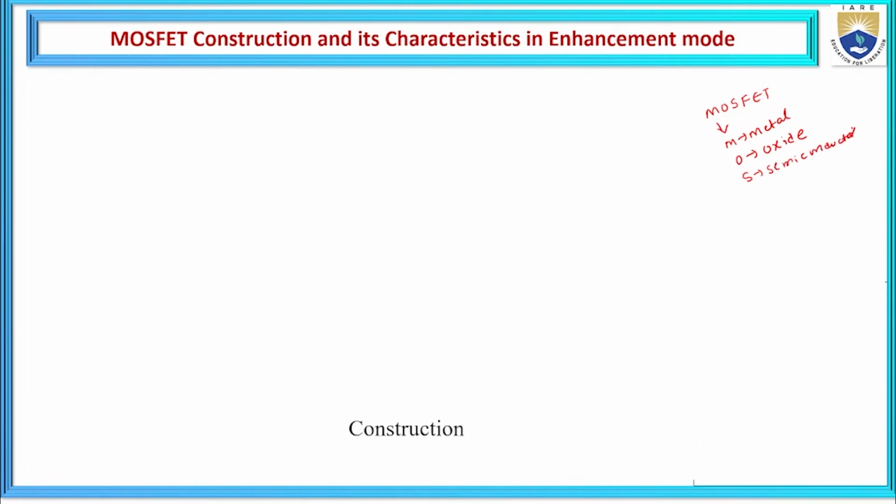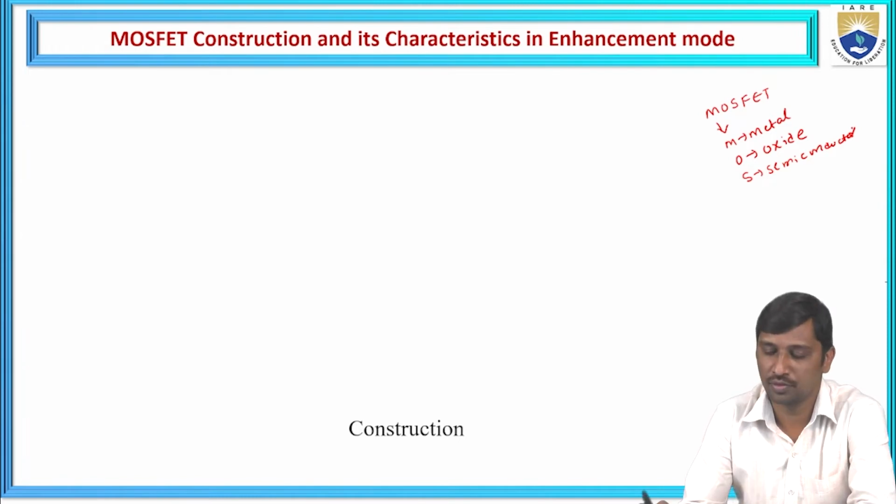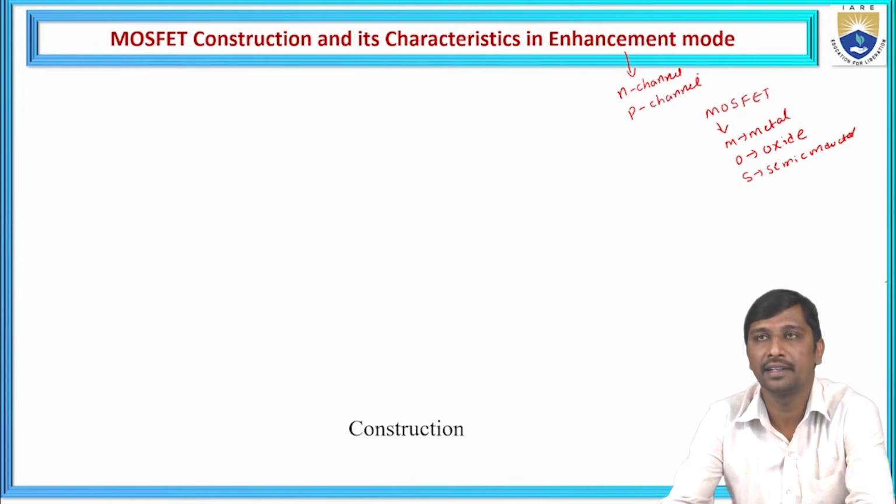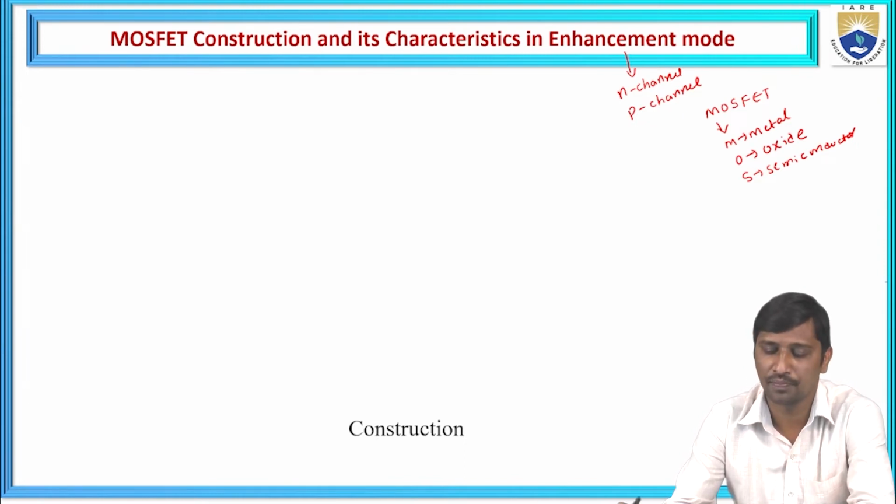In enhancement mode we have two types, either an N channel or a P channel, that is, an N-type enhancement mode or a P-type enhancement mode.